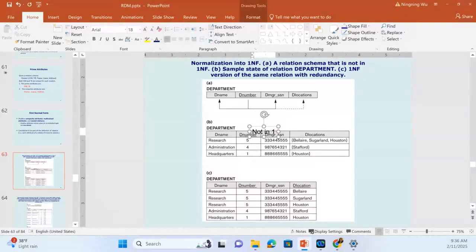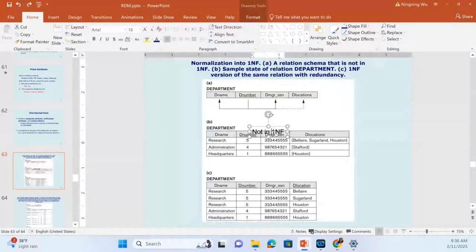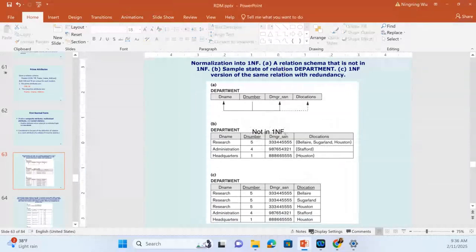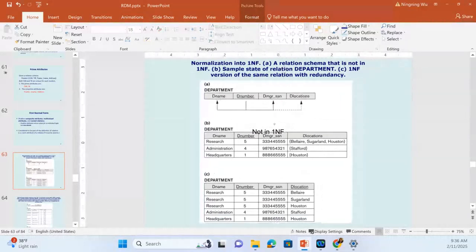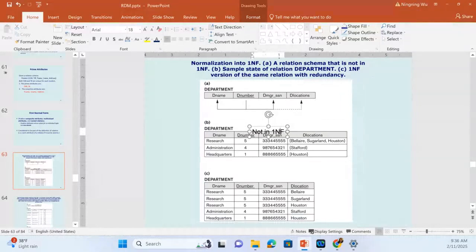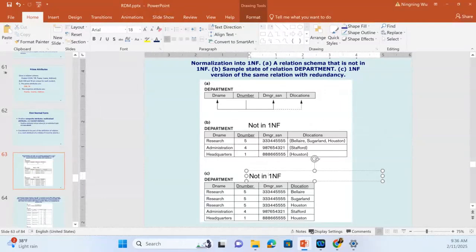So the fourth department is not in 1NF. So this department is not in 1NF, but the second one is in 1NF.